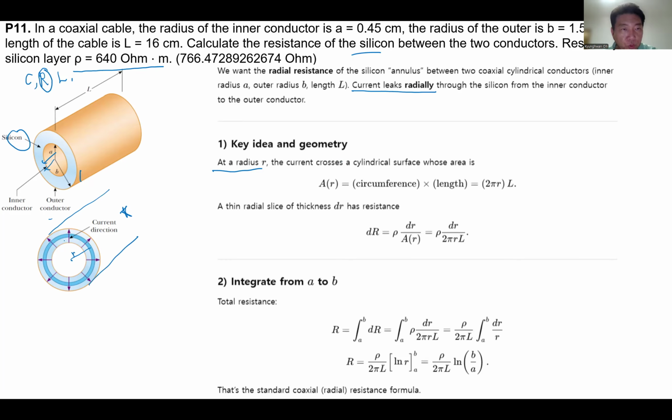Just look at this blue element, where this is r and this is dr. The area in this case is the circumference times the length: 2 pi r times L. 2 pi r is the circumference of the circle, and then there is the length L.